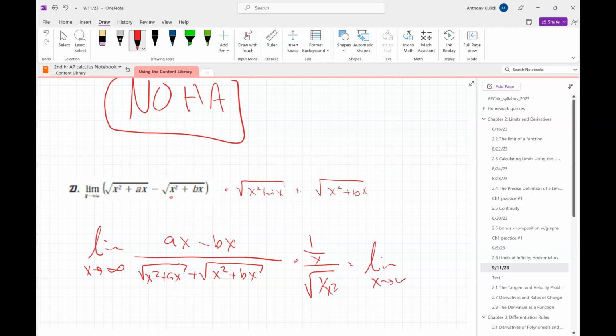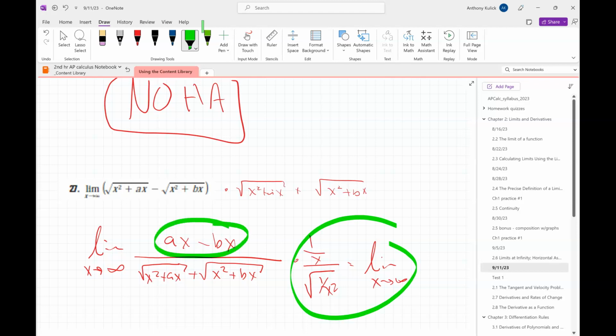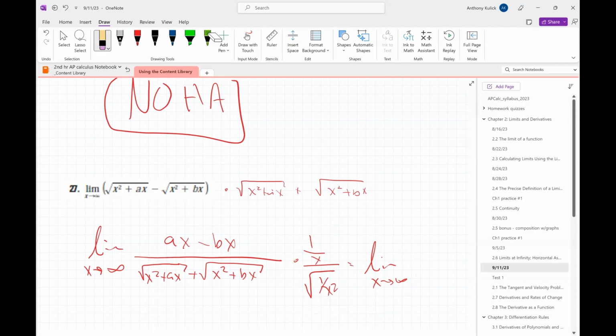Now, because before I did this, if I plug in, I basically have infinity on top, right? And then I have infinity on the bottom. Infinity over infinity, again, still indeterminate. It's something else I have to do. The only thing I have left to do now, since I've multiplied by the conjugate, I wouldn't do it again, because I'll just end up back where I started. What I want to do then is just multiply by 1 over x to some power.